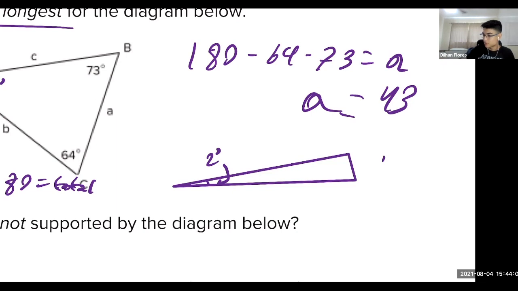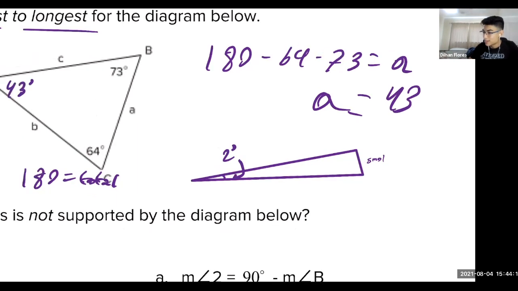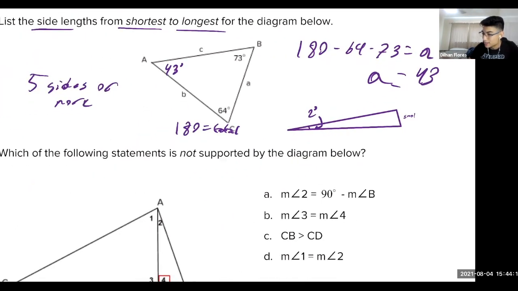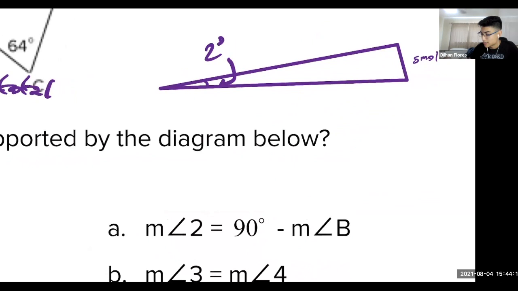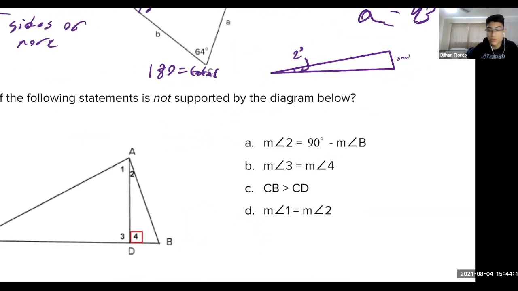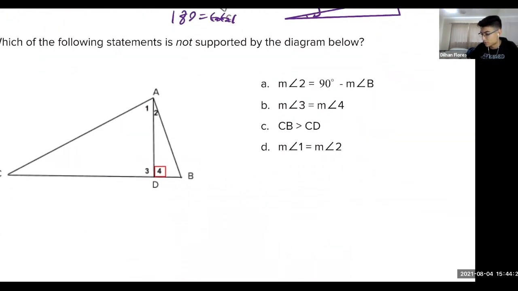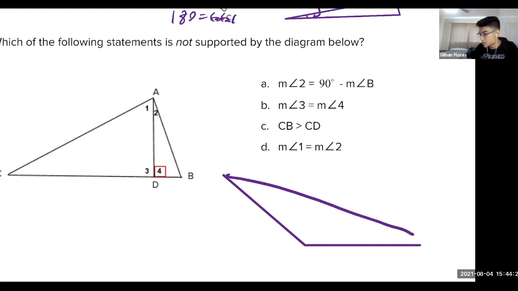Very small side, okay? If we have a small angle, we have a small side, okay? So if we instead had a big angle, like, I don't know, 130, I'm going to draw it down here, or 145, right? We made a triangle with that. Look how absolutely massive that side is.